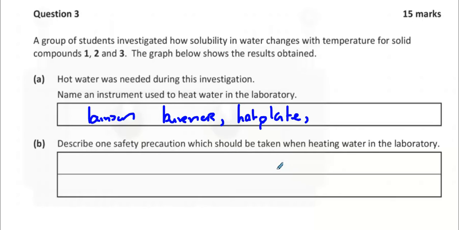Describe one safety precaution which should be taken when heating water in a laboratory. To wear goggles and to use tongs to handle the hot glassware.